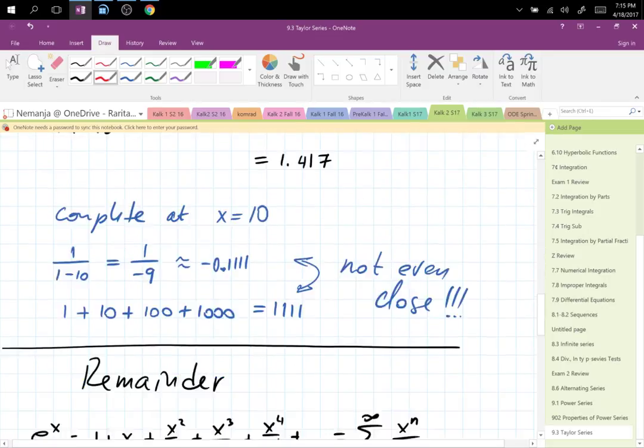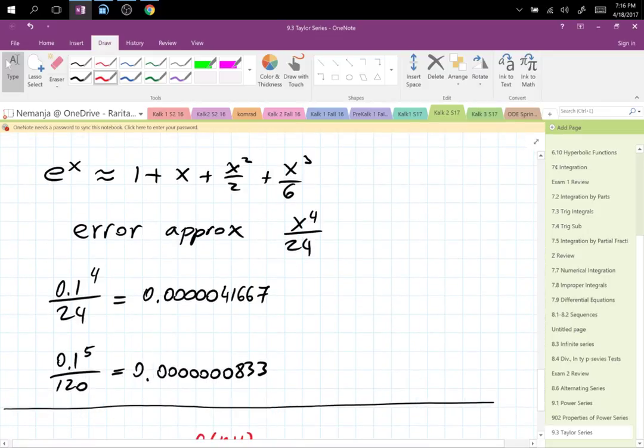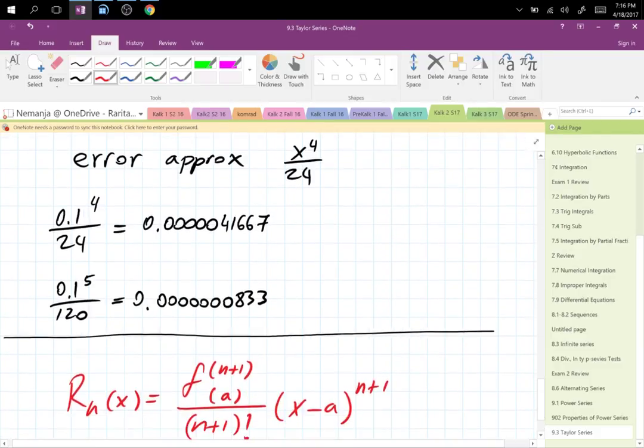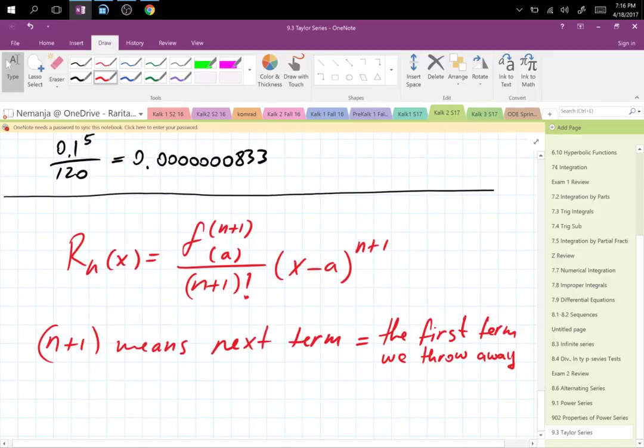So it is 1.19. That's better. Okay, good. Well, thank you. So that's the error. Just look at the next term.